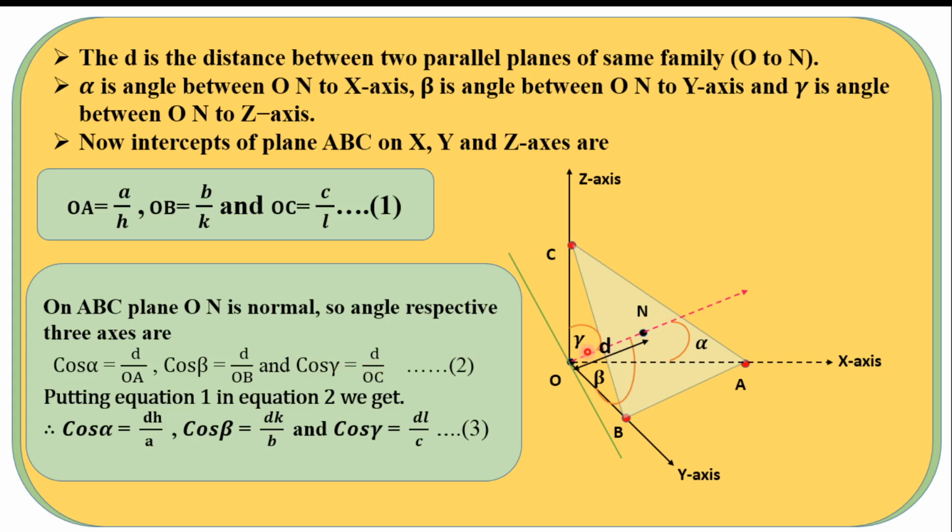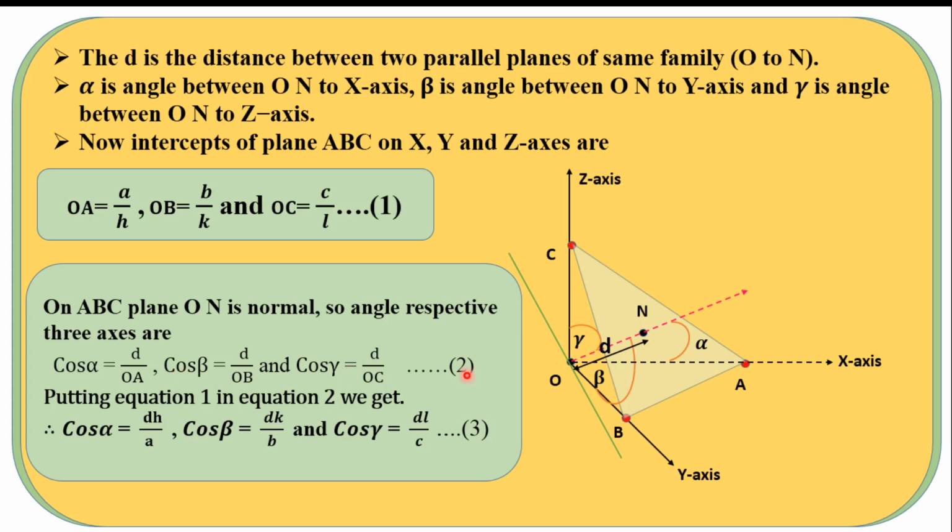So the angles with respect to the x-axis, y-axis and z-axis: cos alpha is the adjacent side, ON, over the hypotenuse, OA. So ON divided by OA, but ON, the distance O to N, is D. So cos alpha is ON, or D, divided by OA.